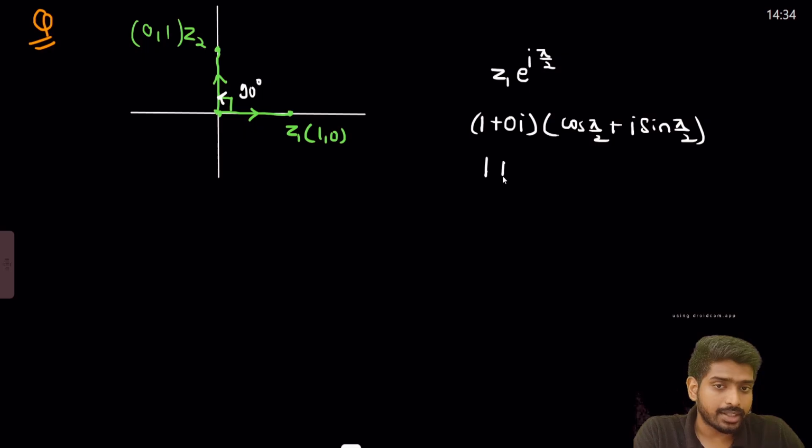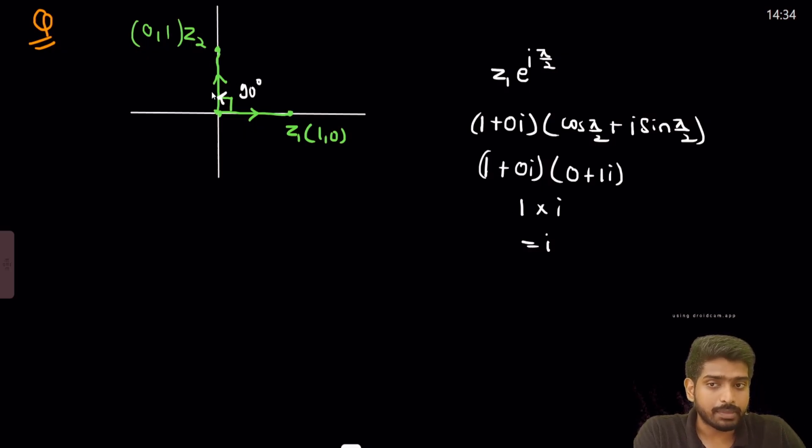So here I can write this as 1 plus 0 iota multiplied by 0 plus 1 iota. If we multiply, we get 1 into iota, which is iota. And iota is nothing but this complex number z2, right? By multiplying with e to the power iota pi by 2, we rotated our complex number by 90 degrees. Got it?